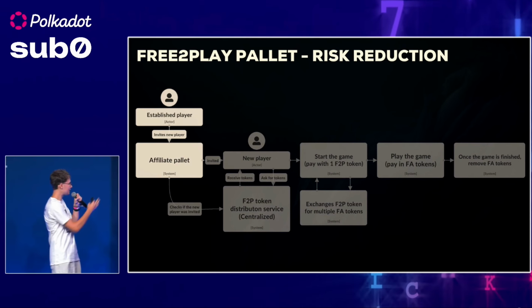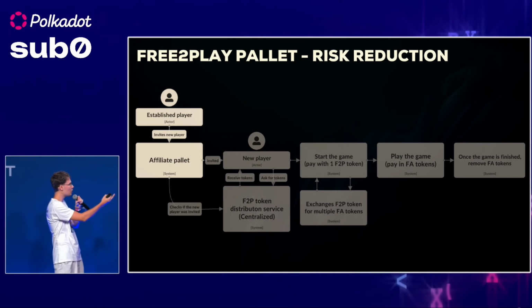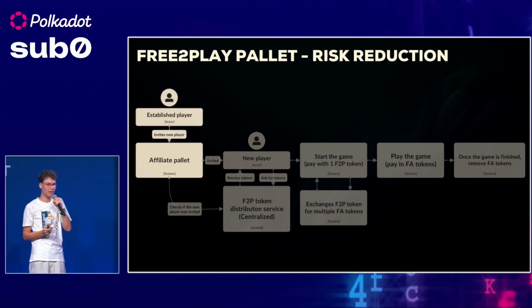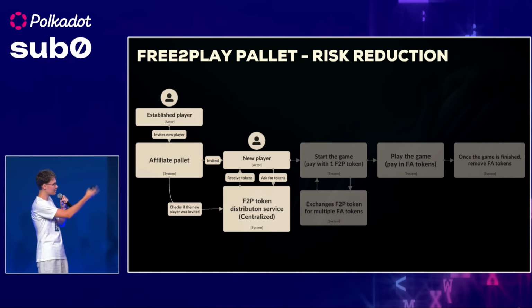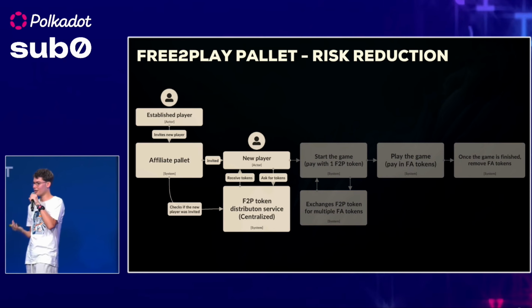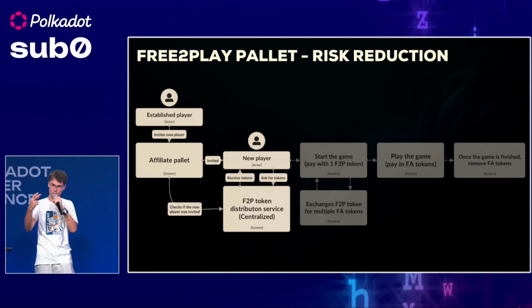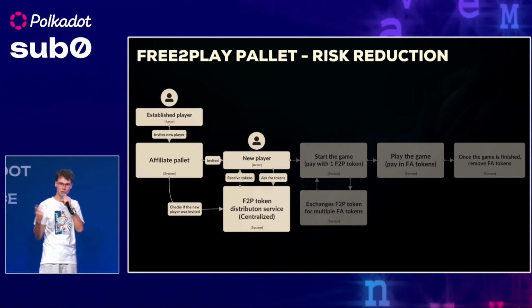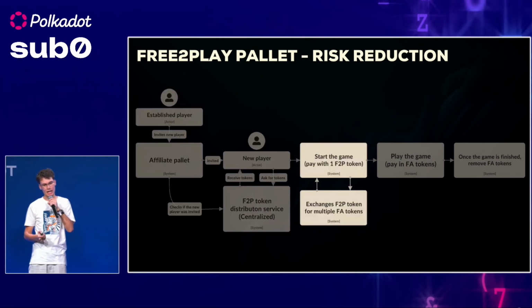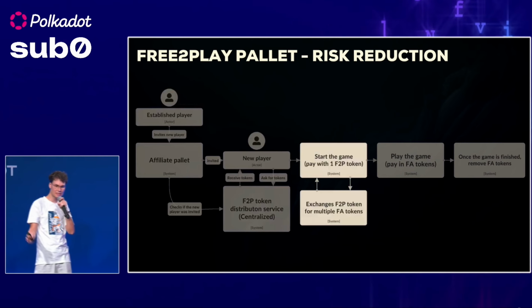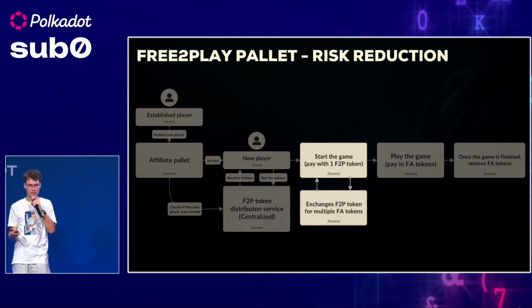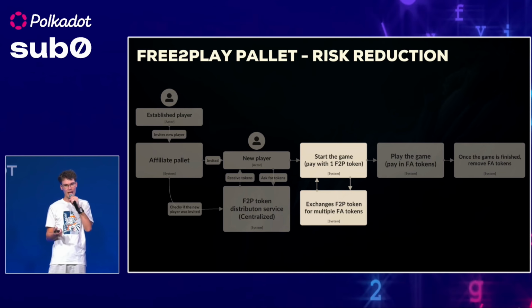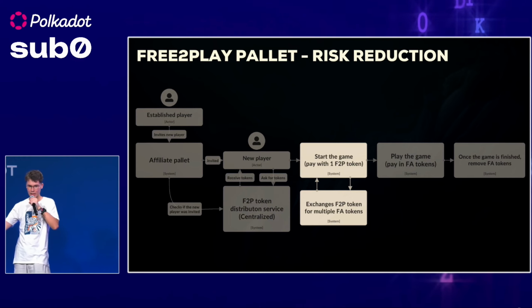So the Pallet works like this. An established player would invite a new player via the affiliate Pallet, and then this new player can ask for an airdrop of free-to-play tokens, and when that player has the tokens, they can start the new game, and they will pay with the free-to-play token.